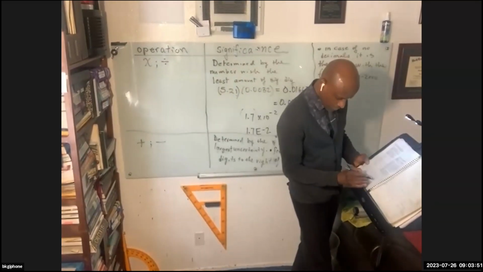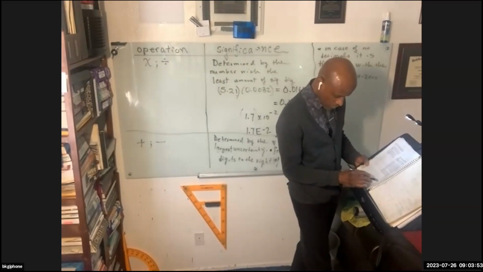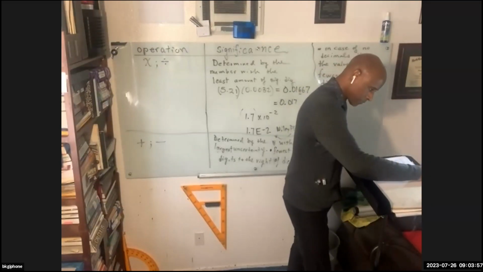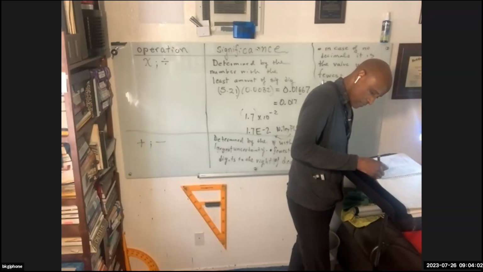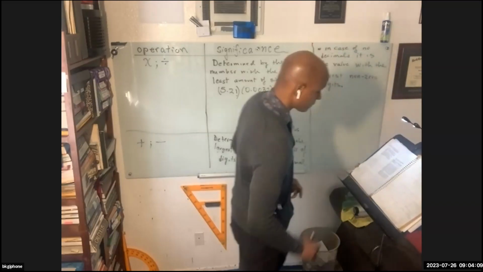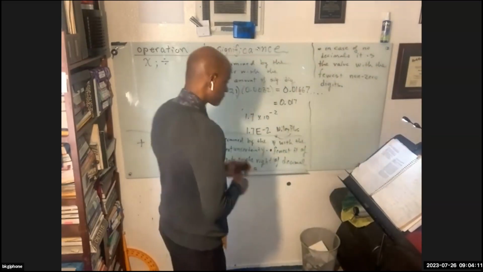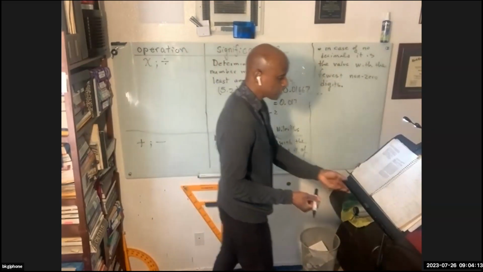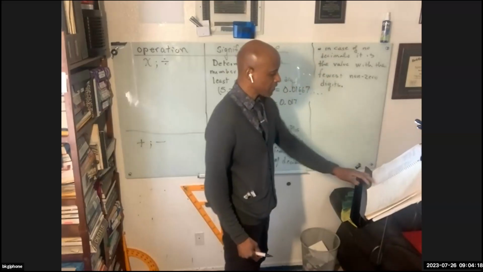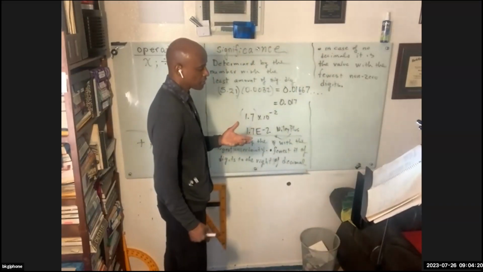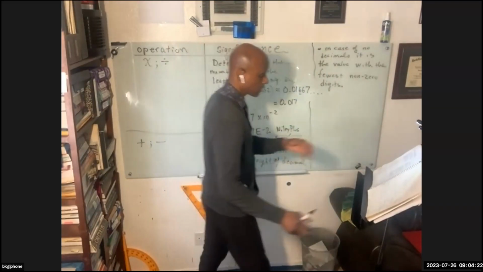The highest uncertainty. All right. So basically you probably already know how to do this, but I just want to make sure in terms of the definition of certainty or uncertainty, you know what it is and why you're doing it.